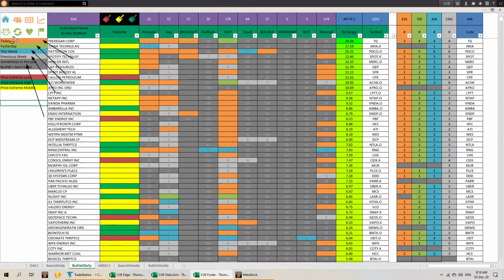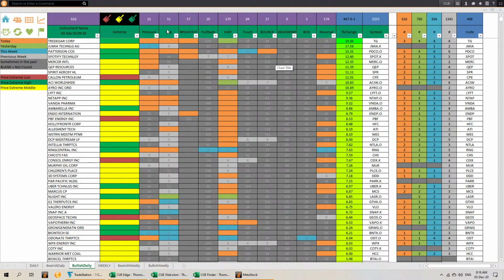Usually I am looking only at today's signal first of all to look for trades today, and then seeing if it had further confirmation signals yesterday or this week. So these are the three color codes that I am looking at for the individual Q signals.